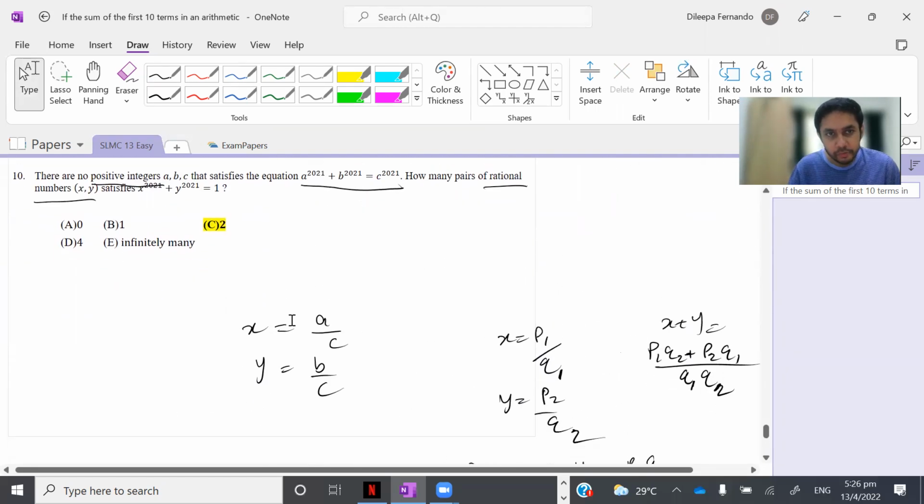But now we have to find different cases because still a, b, c are positive integers.